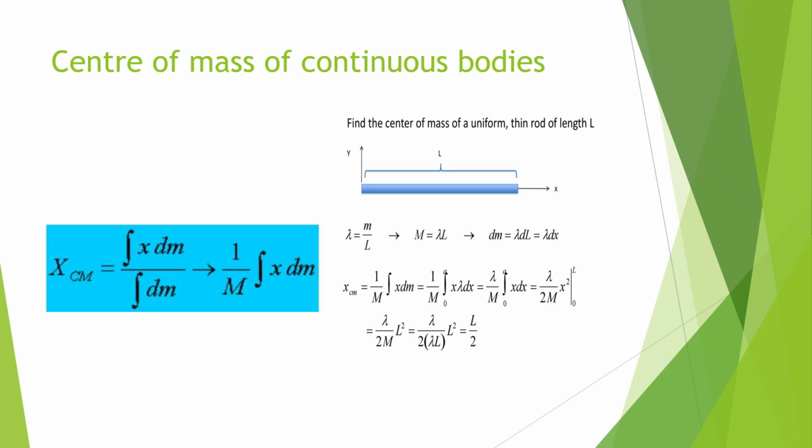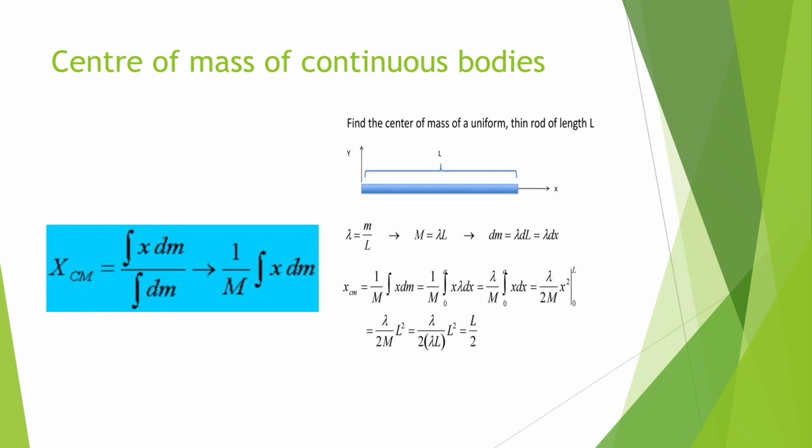So how to find the center of mass of continuous bodies? We already saw for discrete bodies that it is the summation of x into the mass divided by the total mass. Now suppose I want to find it for a continuous body like a thin rod, then we have to use the method of integrals.